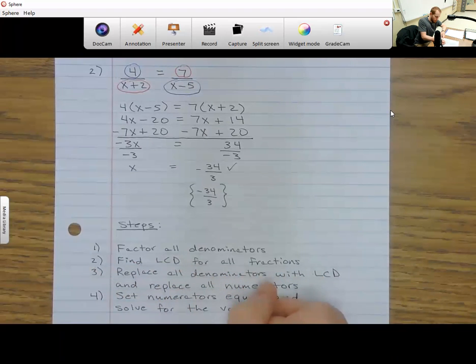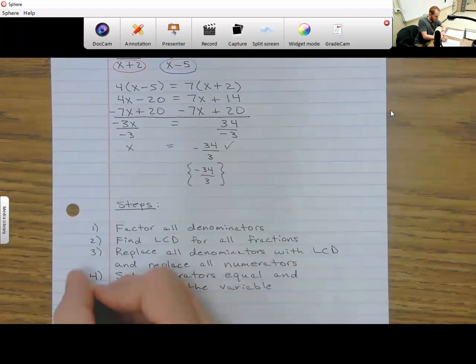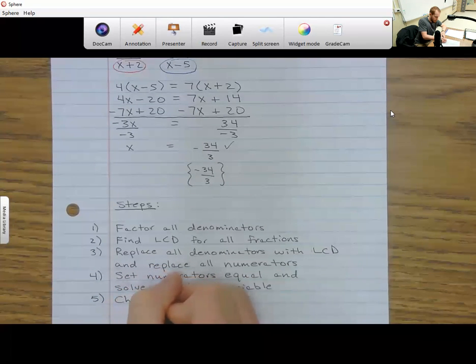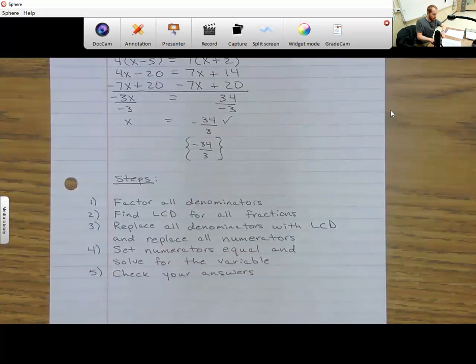Solve for the variable. And then maybe the last step is to check your answer. Okay. So those are the 5 steps we're going to be following.